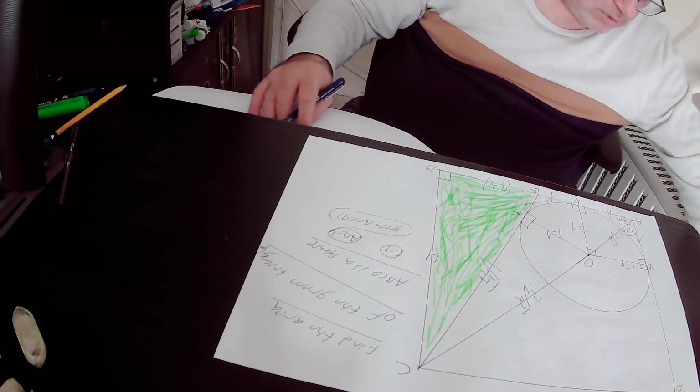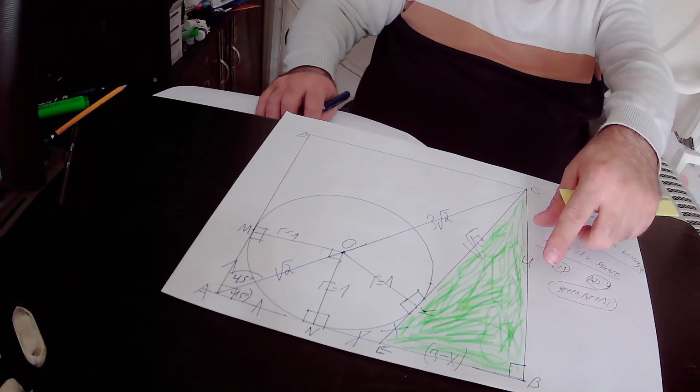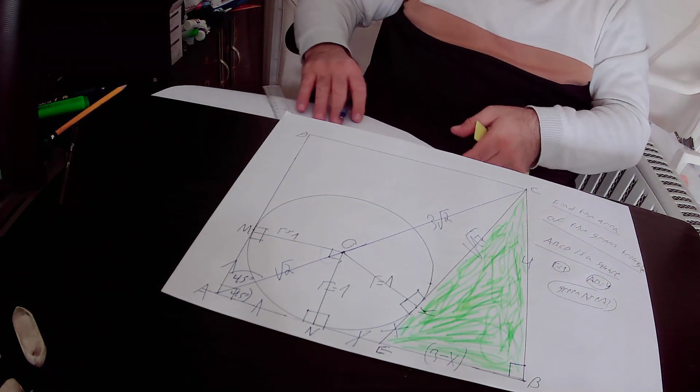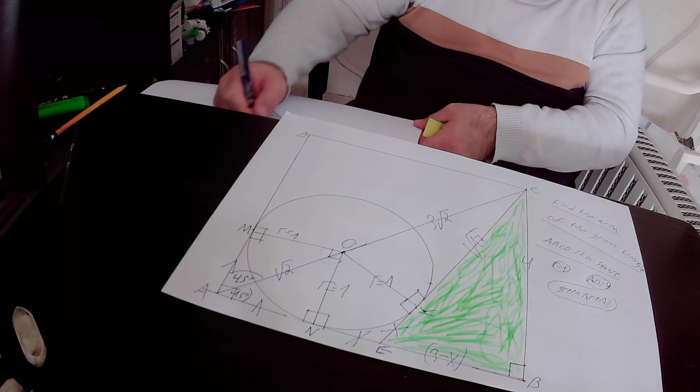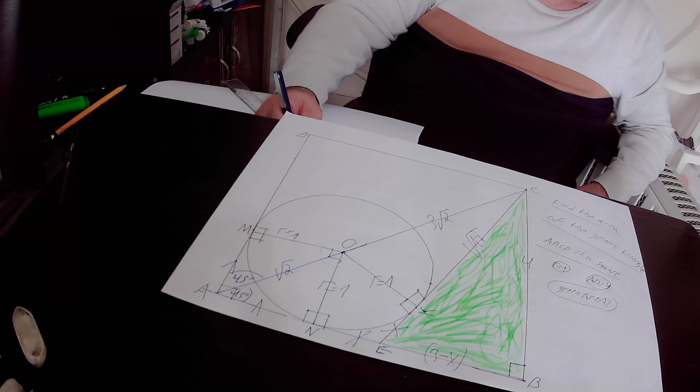Okay, so we will focus on the green right triangle, triangle CBE, and we will implement the Pythagoras theorem in it.